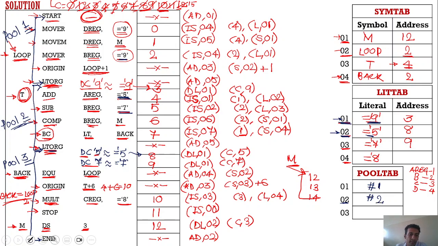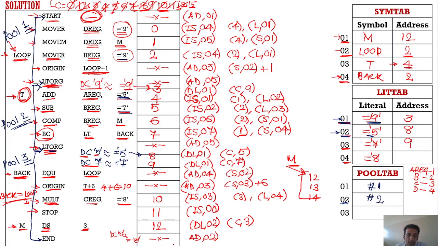So we need to allocate memory to the literal of pool 3 after end. Okay, so similar to what we did earlier, for 8 it will be considered as a DC statement. So DC 8. Okay, and my current LC is 15 if you see.